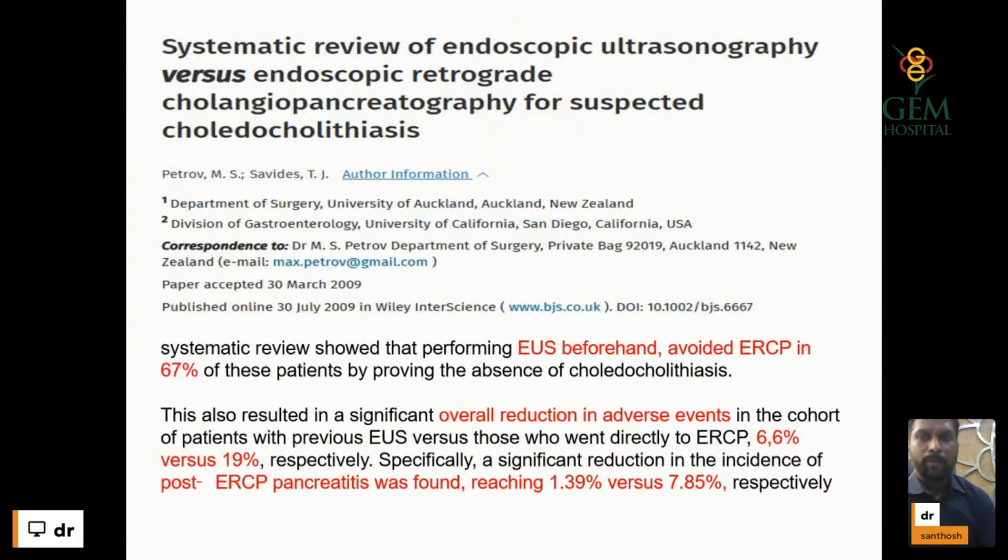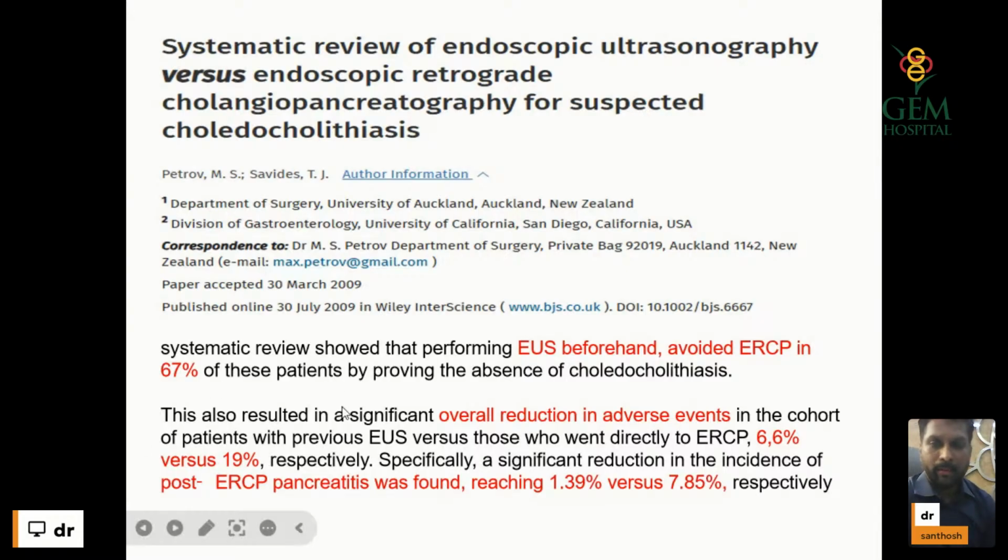Second, there was one more systematic review where they compared EUS before ERCP versus direct ERCP for suspected CBD stones. This review showed performing EUS beforehand avoided ERCP in around 67% of the patients, by proving there is no CBD stone.